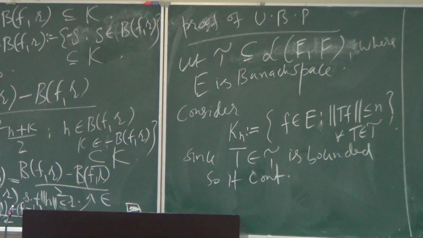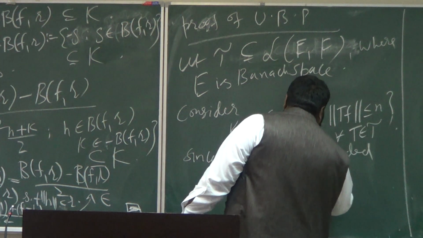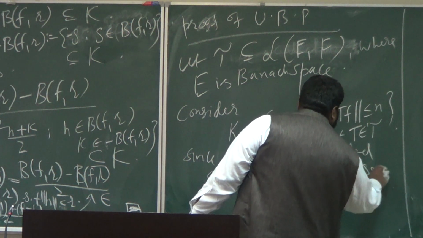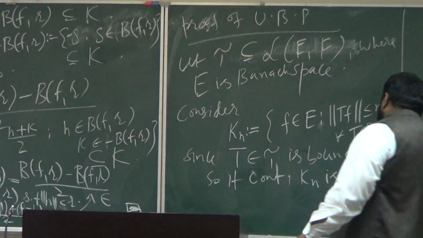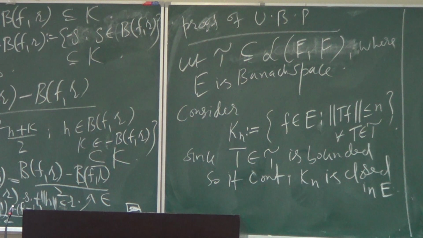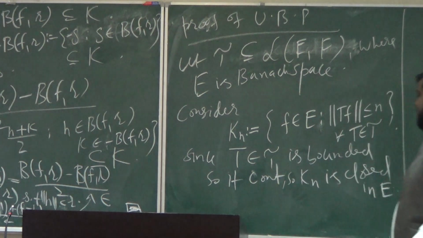And using this I can show that Kn is closed in E. It's a closed subset in E. Why this must be closed? Why it must be closed?